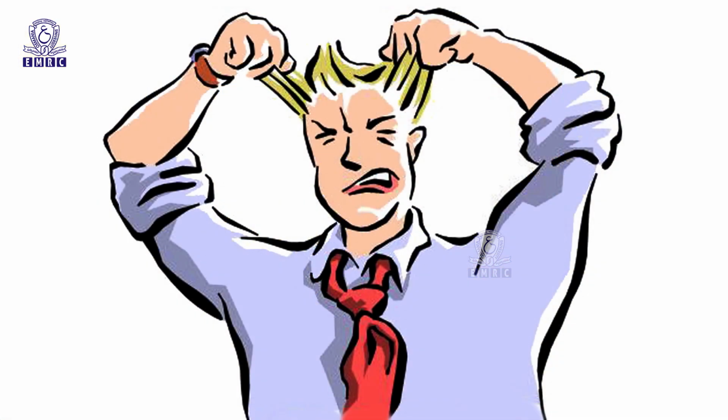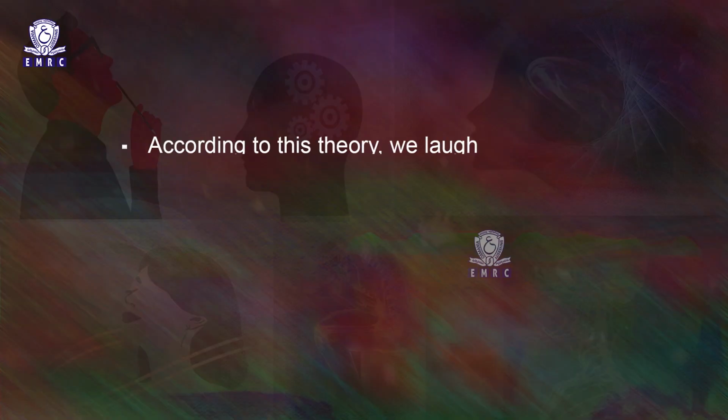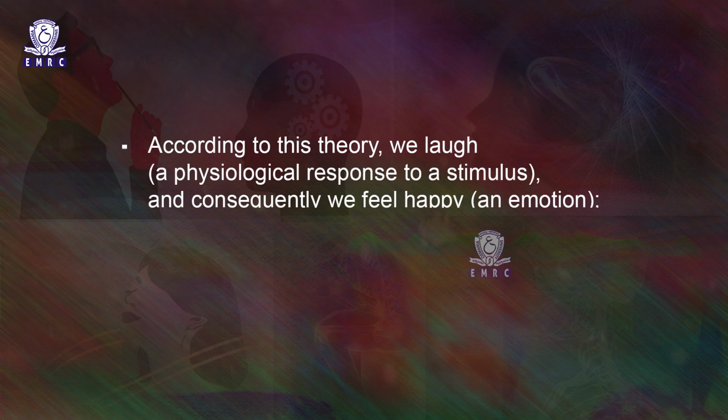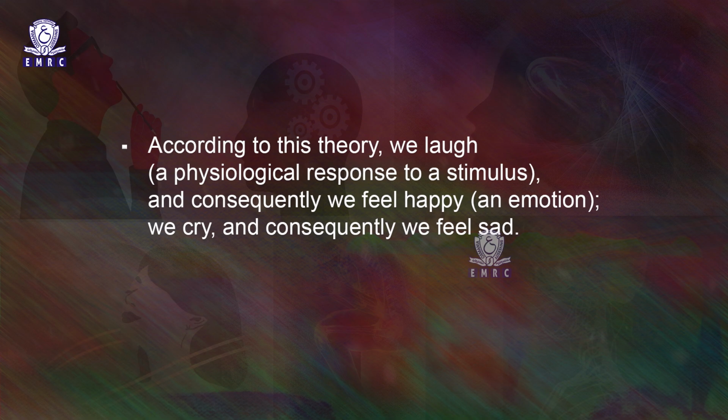This theory asserts that emotions arise from physiological arousal, in the sense that the self-perception of changes in the body produces emotional experiences. According to this theory, we laugh, which is a physiological response to a stimulus, and consequently we feel happy, which is an emotion, and we cry and consequently feel sad.